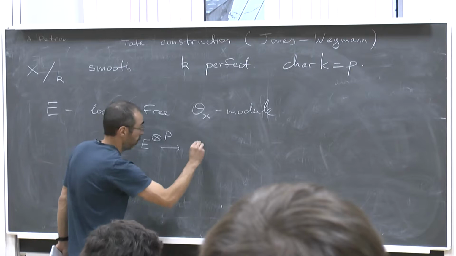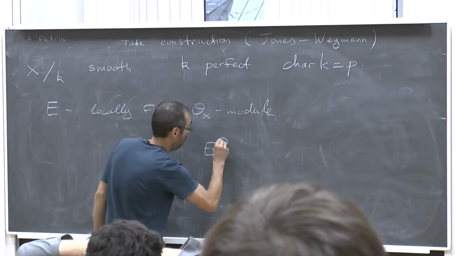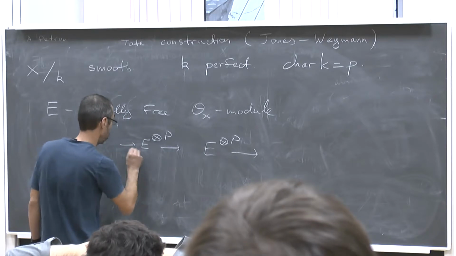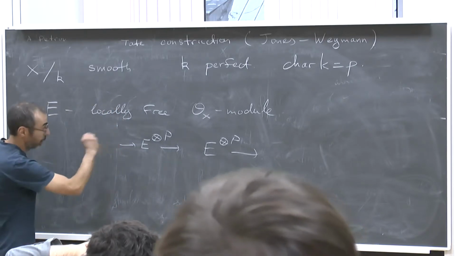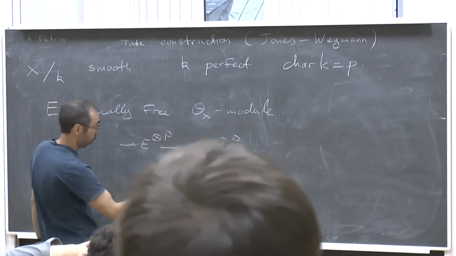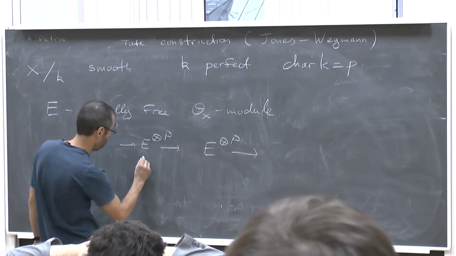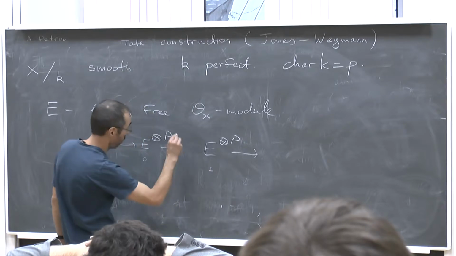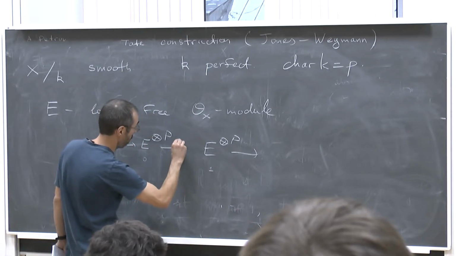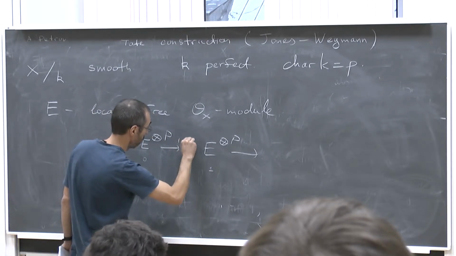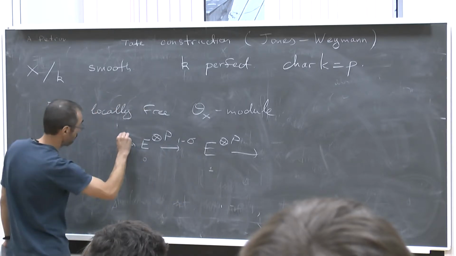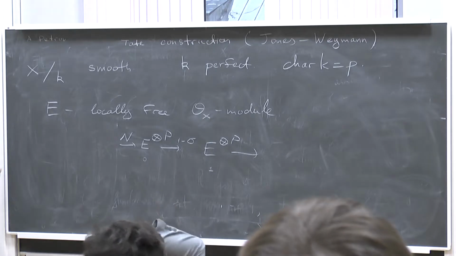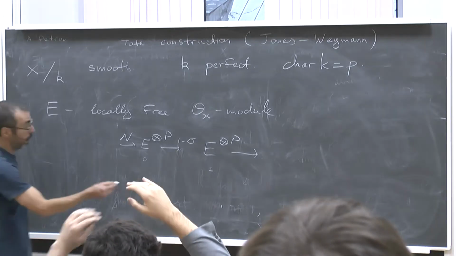Okay? So every term is this, and the differential, as I said, it's two-periodic. So say this is degree 0, this is degree 1. So the differential is either 1 minus sigma, or it's N. So what is sigma?